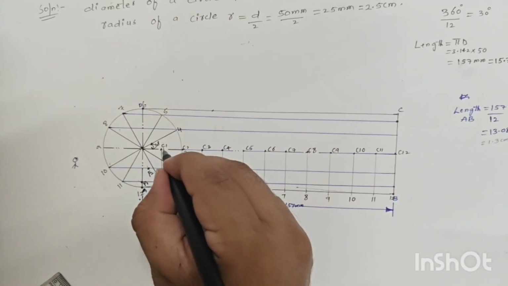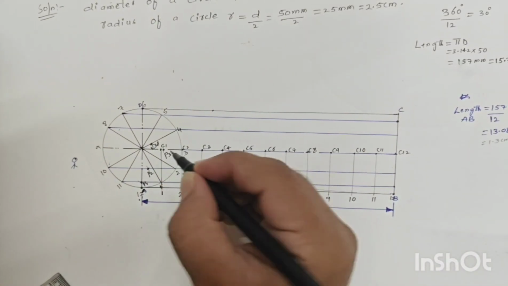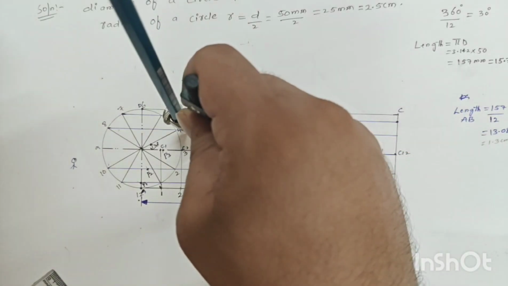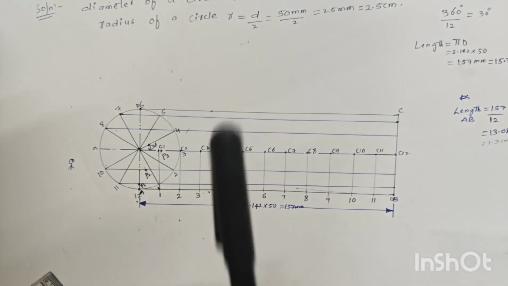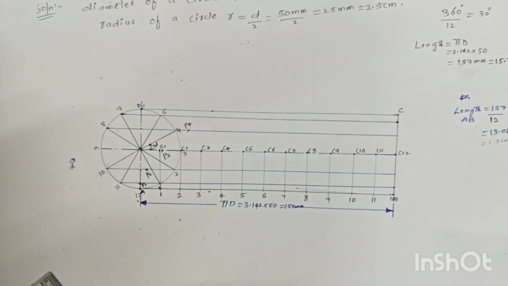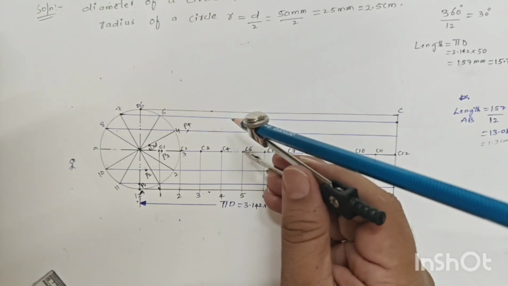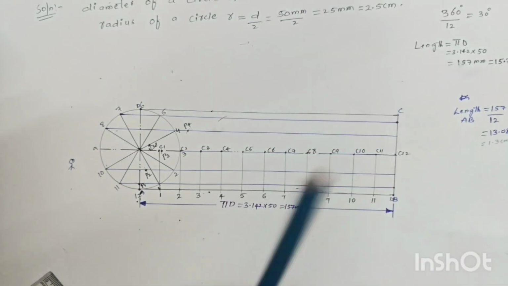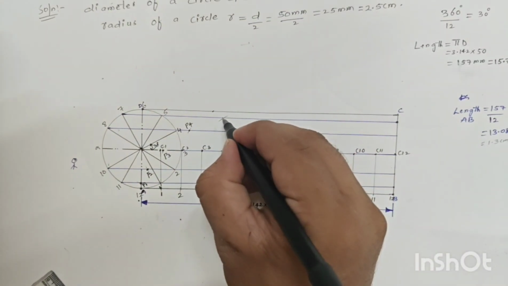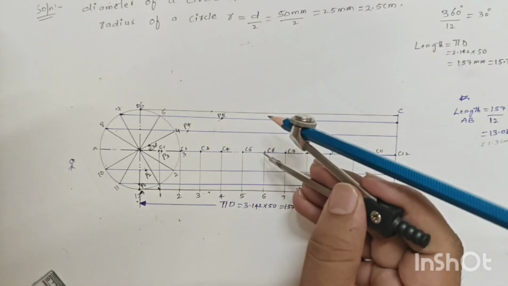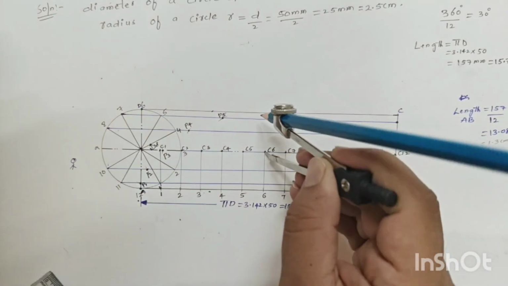So this is P3. Place a compass on C4. Mark on the fourth line. So this is P4. Place a compass on C5. Mark on the fifth line. So this is P5. Place a compass on C6. Mark on the sixth line.